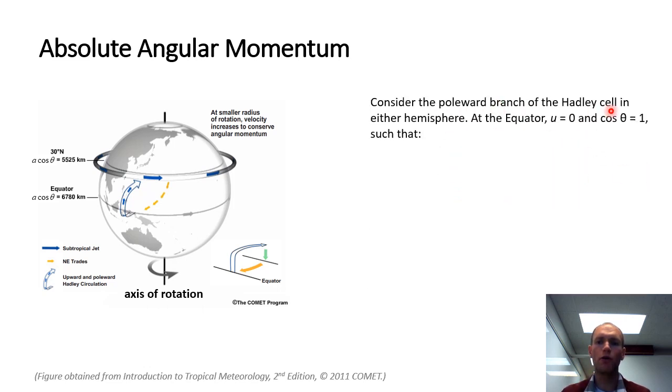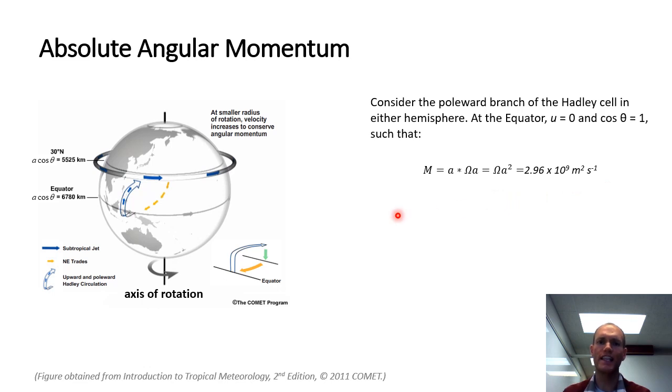So we're going to consider that poleward branch with no initial zonal wind, and of course being at the equator, cosine of theta equals 1. So our equation for m becomes a times omega a, or omega a squared, and that is equal to 2.96 times 10 to the 9th meters squared per second. So a very large value.